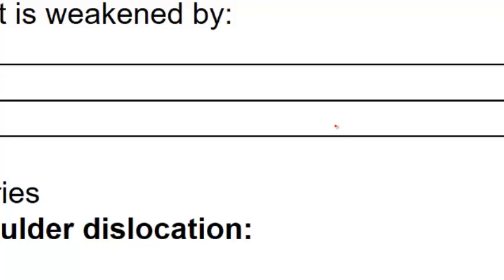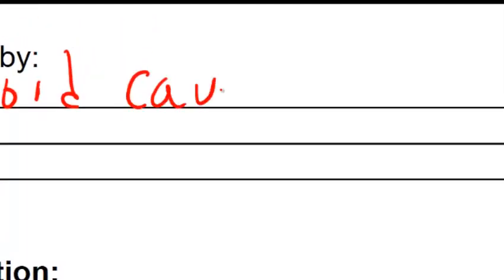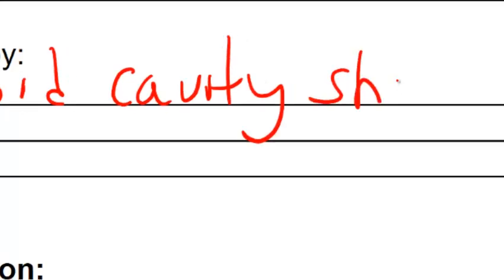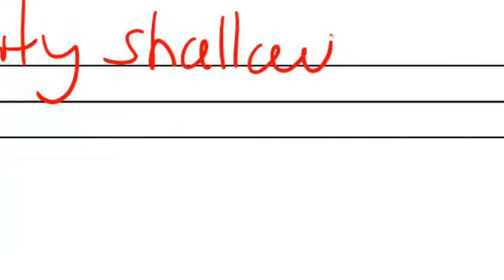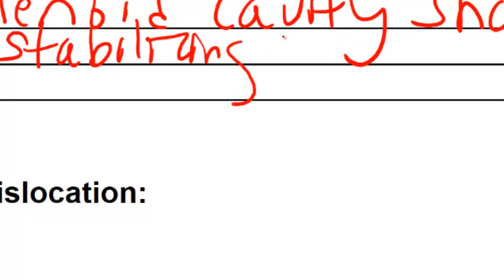Well, a couple of things. Remember, we said that the glenoid cavity is very shallow, so it's easier for the humerus to pop out. Another thing is that there did appear to be a lot of ligaments in one of the pictures that we looked at, but most of these stabilizing ligaments are anterior, and there's not a whole lot posteriorly.